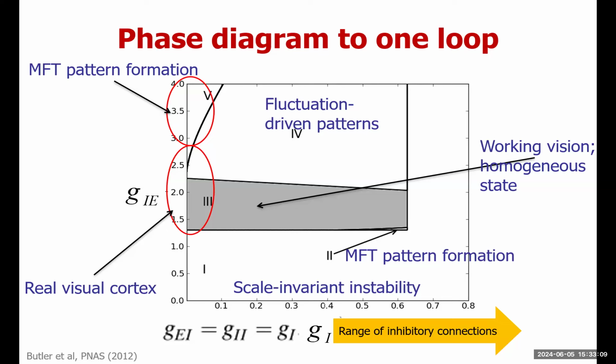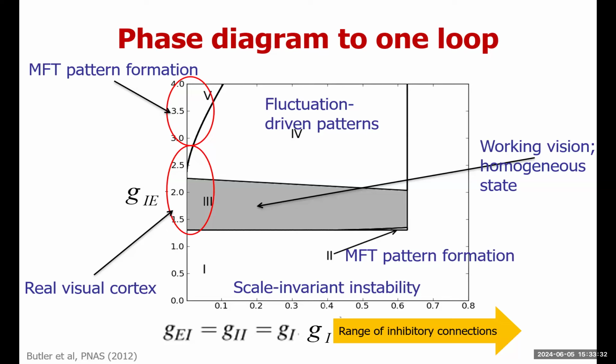So there's one phase where you have scale invariant instability, which is where I think neuronal avalanches take place. Region 3 is the working vision state. So this is the state which is homogeneous. This state over here is the mean field pattern formation state.